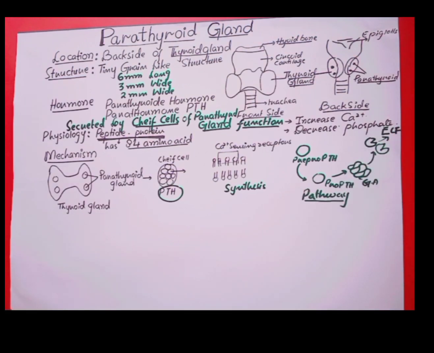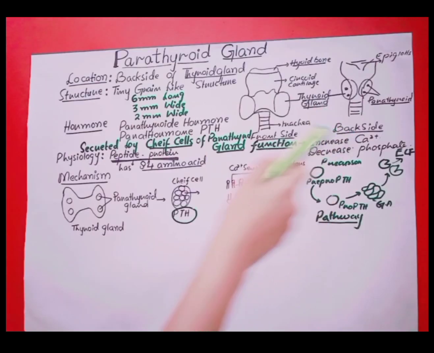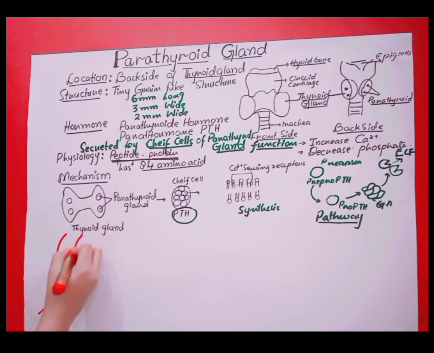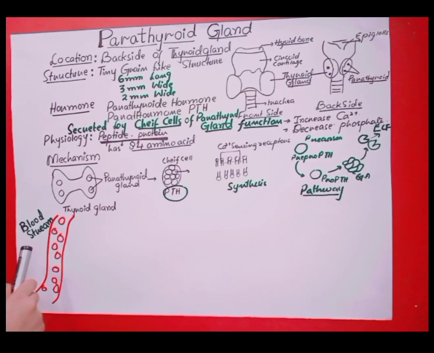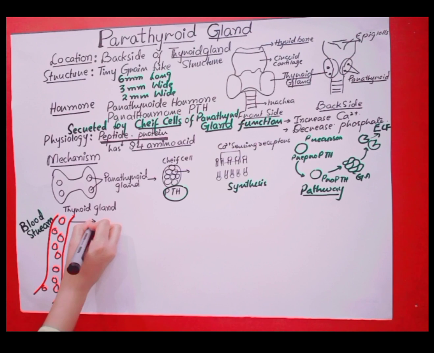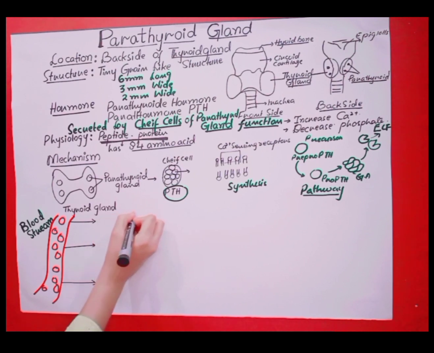So this is the pathway through which this parathyroid hormone is produced. From the extracellular fluid, the hormone enters the bloodstream. From the bloodstream, this parathyroid hormone acts on its three main target organs, which are bone, kidney, and GIT.